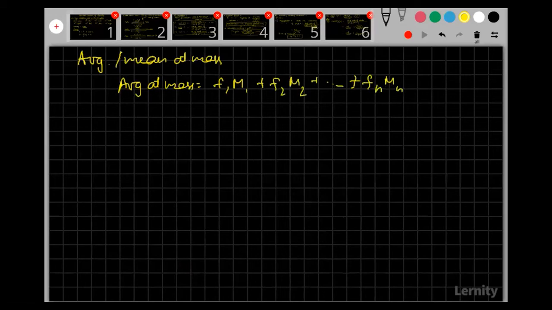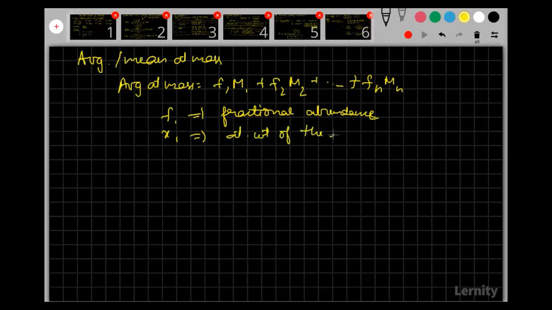Here F shows the fractional abundance, that is, the percentage or amount that is present there. And M1, if you are considering this to be F1, this will be M1, the atomic weight of the isotope.